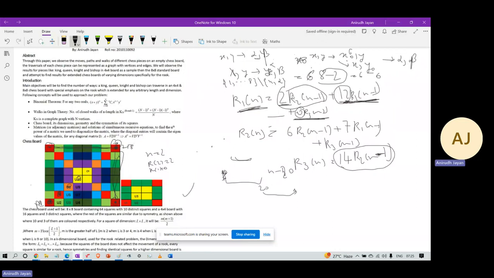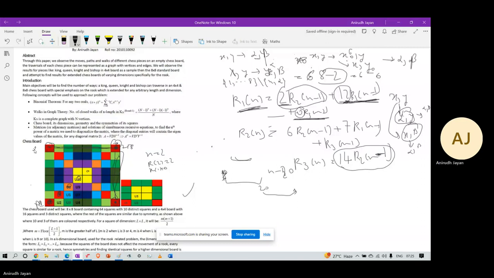Now, why 2 times R2? Well, x comma y can change to alpha comma y, or it can change to x comma beta. From here, it can change to alpha comma beta. So there are 2 moves in which from x comma y it can reach alpha comma beta: alpha comma y or x comma beta.